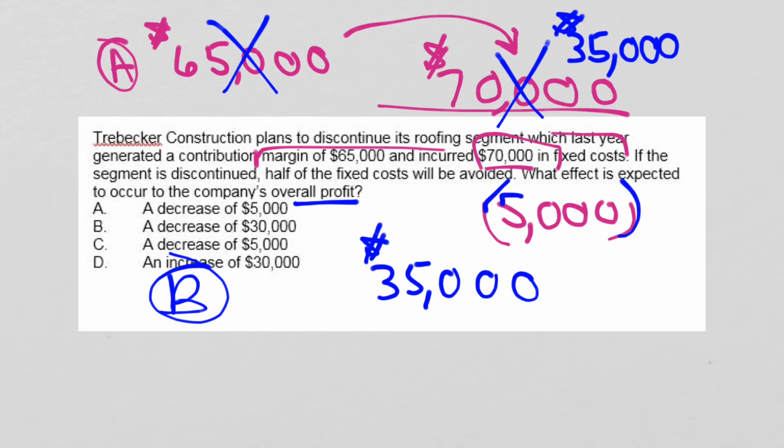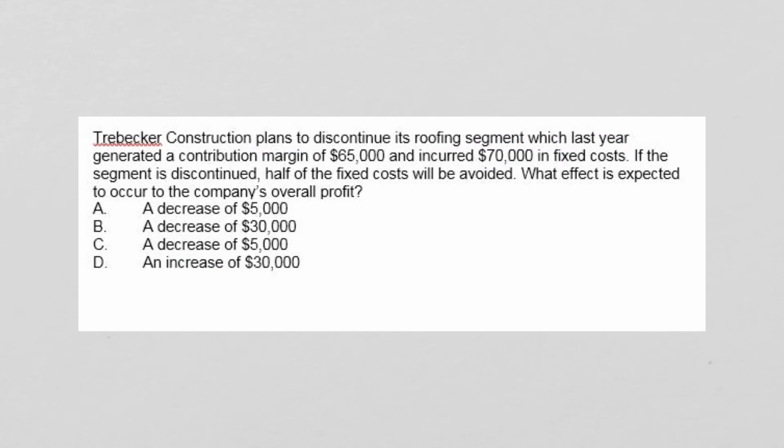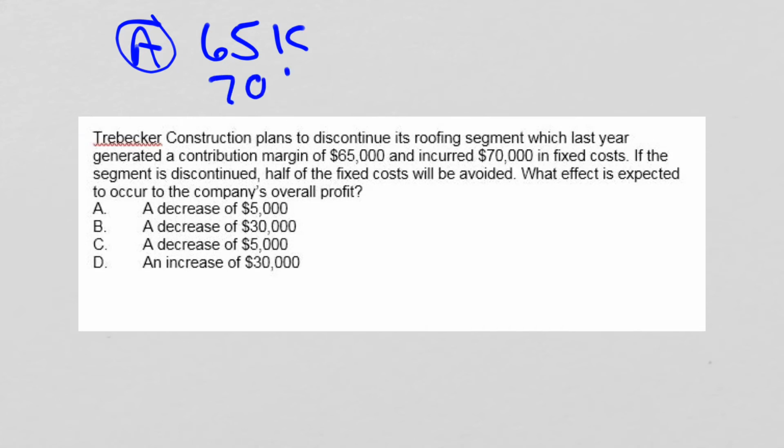So what's the difference? Let's clear the deck a little bit so we can see it clearly. In decision A, we had 65 contribution margin, but it was 70 unavoidable, so we had a $5,000 loss.